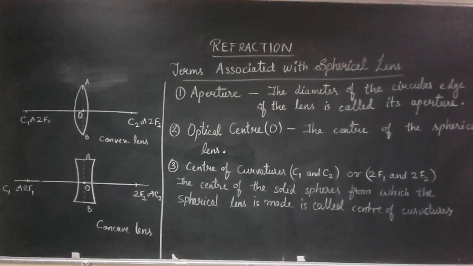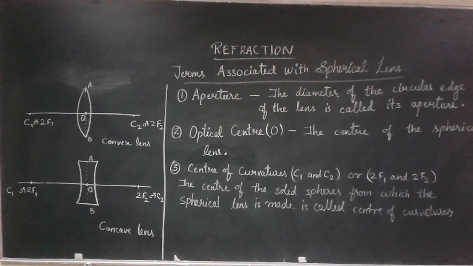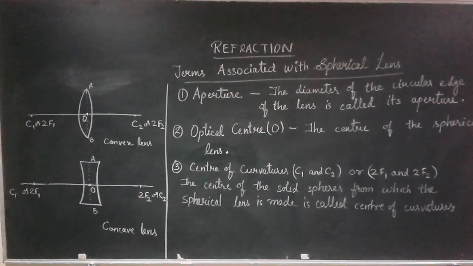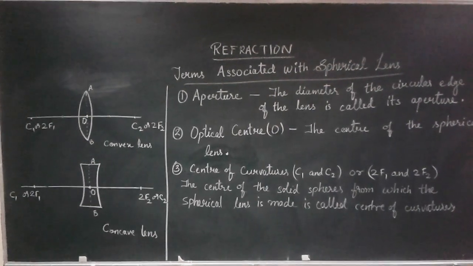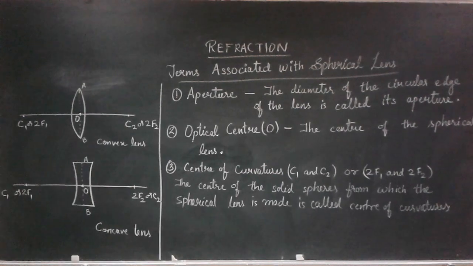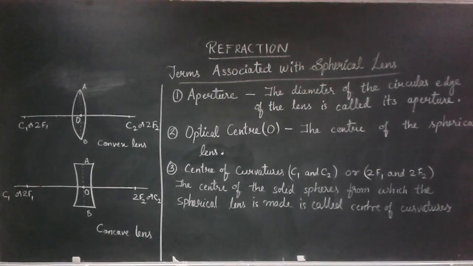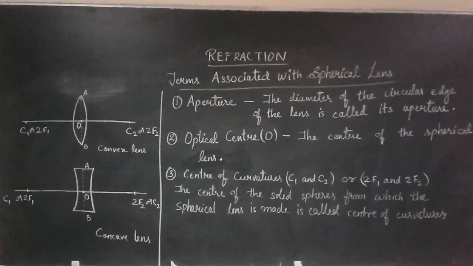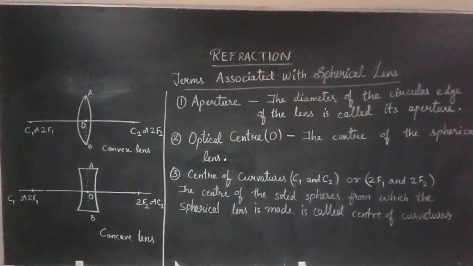Whichever one you feel is comfortable and easy for you, you can opt for any one of the notations. These centers actually belong to the centers of that particular solid sphere from which the spherical lens is made, and they are situated at double the distance of the principal focus.